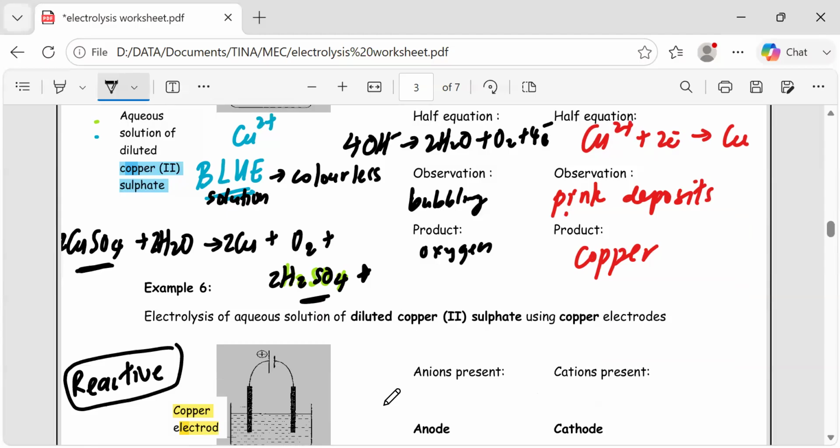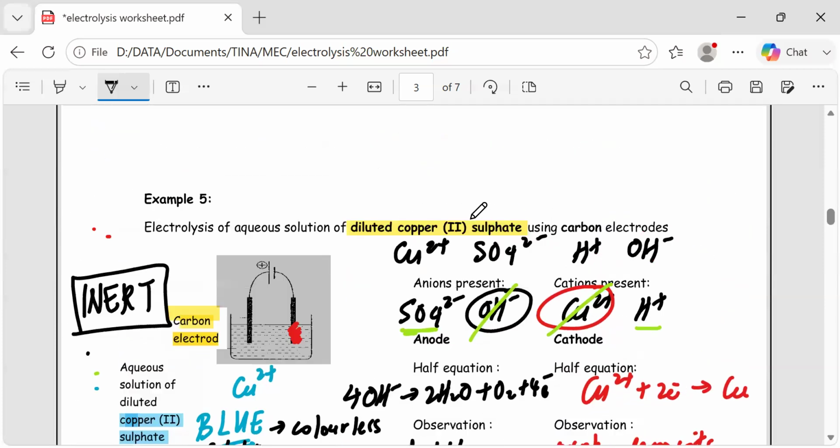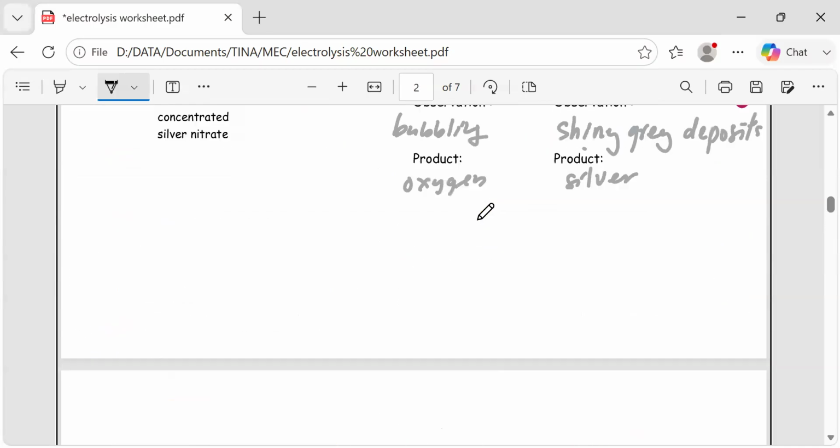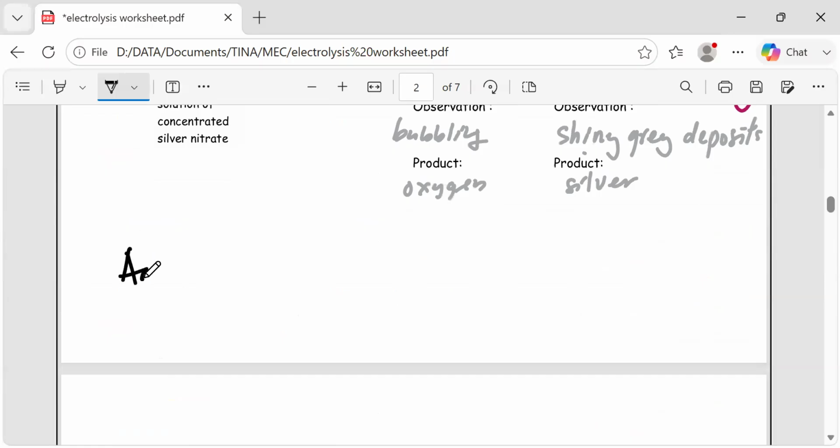So this one is using inert electrodes. This one is using carbon. Okay? What's the overall for the previous one? I didn't write, but I can write for you. Okay, are you done with this? I write for the previous one. This one is the silver nitrate.